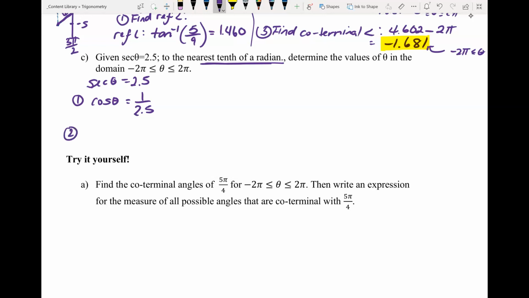The next thing we're going to do is find the reference angle. So we're going to take cos inverse of the exact value and put that into our calculator, and remember to have your calculator in radian mode when you do so. So 1.159 is our reference angle.